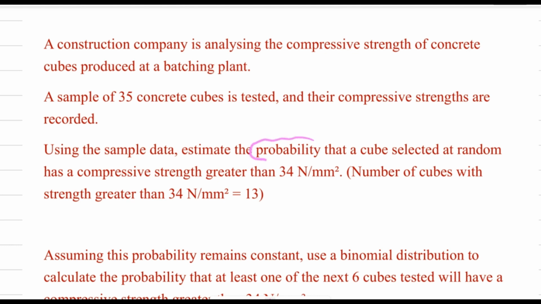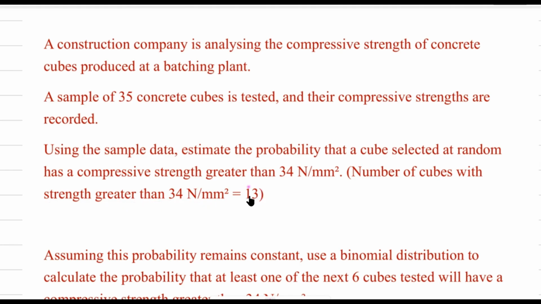So I believe you can calculate the probability now that a cube selected at random has a compressive strength greater than 34 megapascal. And the question itself is giving you the hint here that you are going to use in your answer: the number of cubes with strength greater than 34 megapascals is 13 samples.